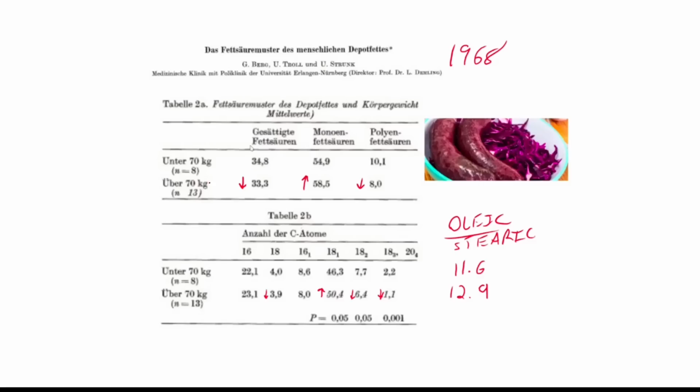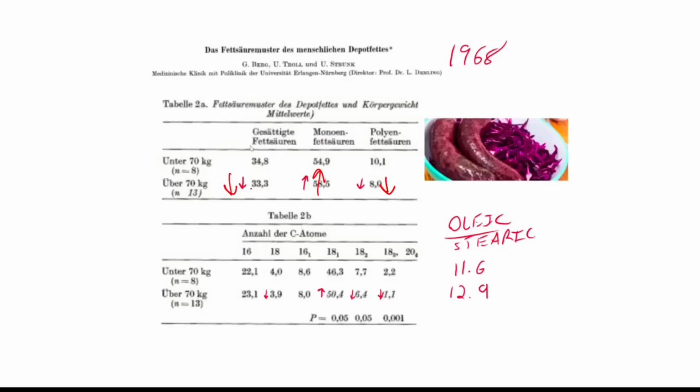Let's look at it again. Here we are in Germany. As people become obese, saturated fats dropping, right? Polyunsaturated fats dropping. This is getting converted by delta 6 desaturase to 5-HETE and 5-oxo-ETE. And the monounsaturated fat is increasing.